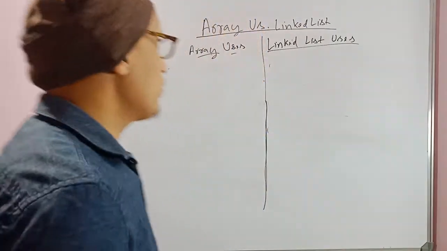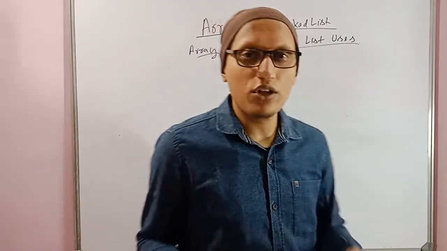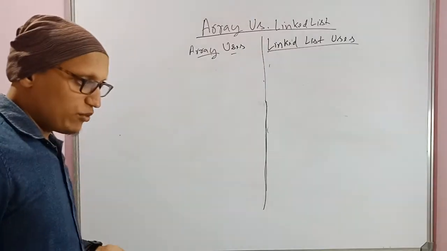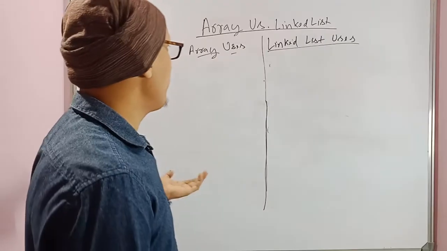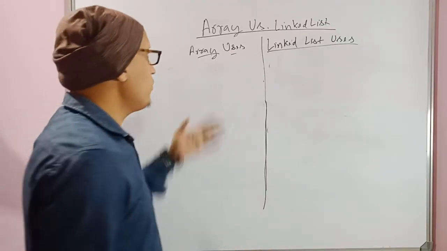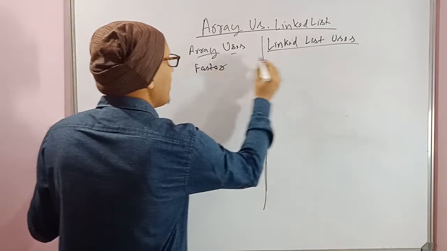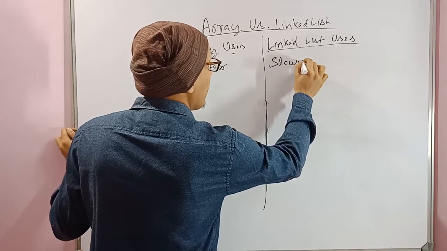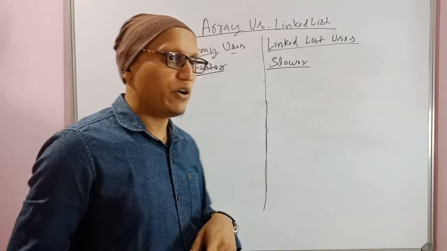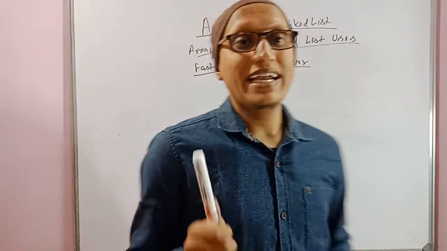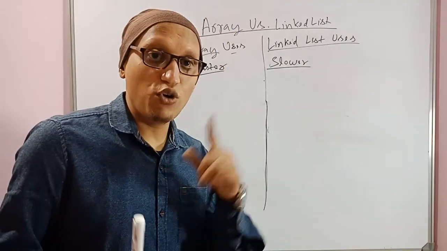In the current scenario we generally bother least about memory consumption, but we are most bothered about the performance. So you know that array is faster and linked list is slower in terms of iteration, in terms of getting data, in terms of storing data at the last index, not modification.